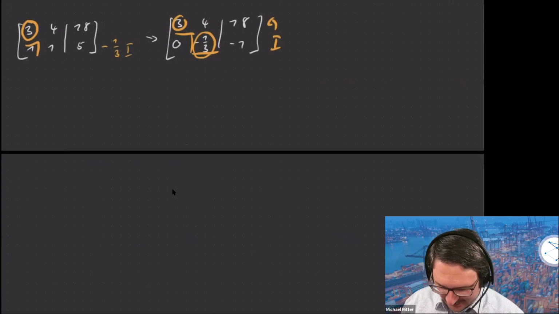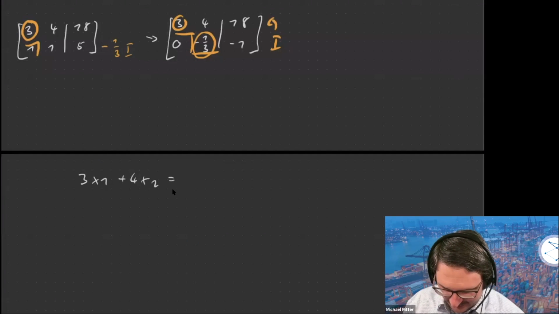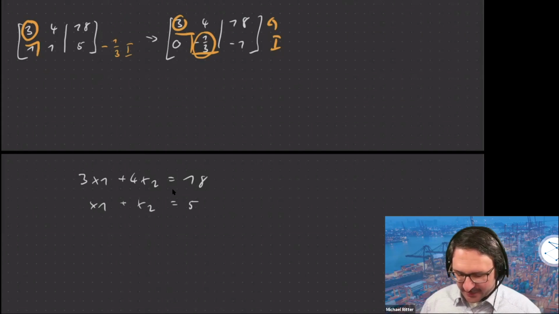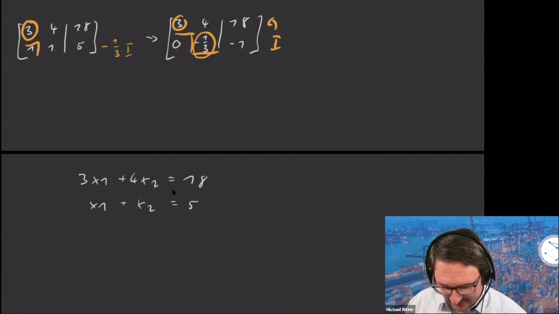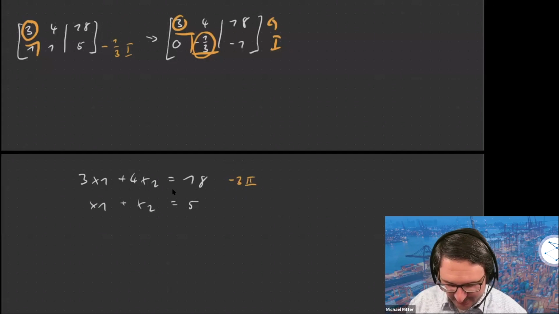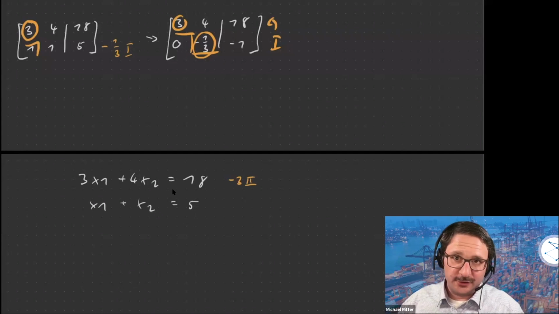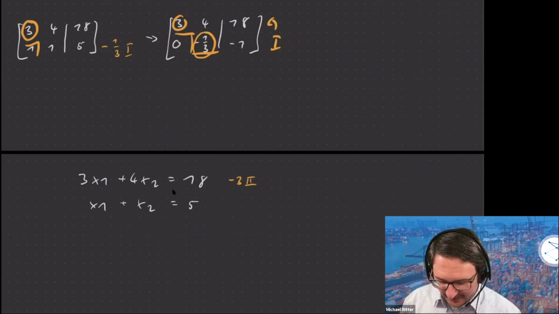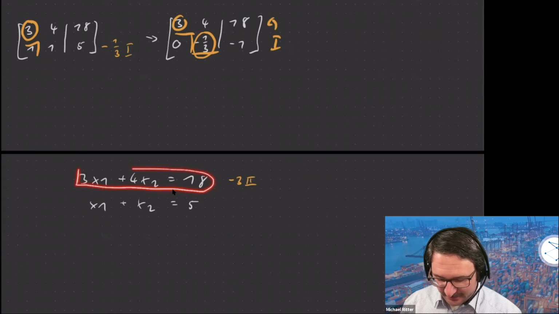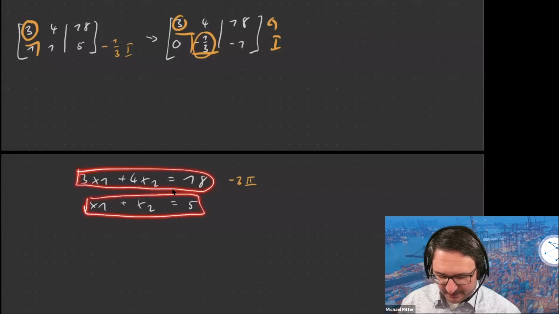Let's see. So let's just take these equations here as an example. These two here. Basically what we're doing in the first step is we're subtracting the second equation, I'm not going to rearrange those now, 3 times from the first one. What does happen here? Well, basically, the solution space of that system is made up of all points that satisfy this equation and also this equation.